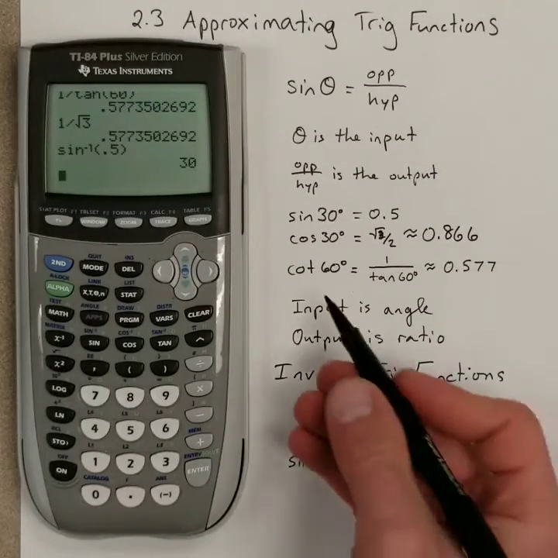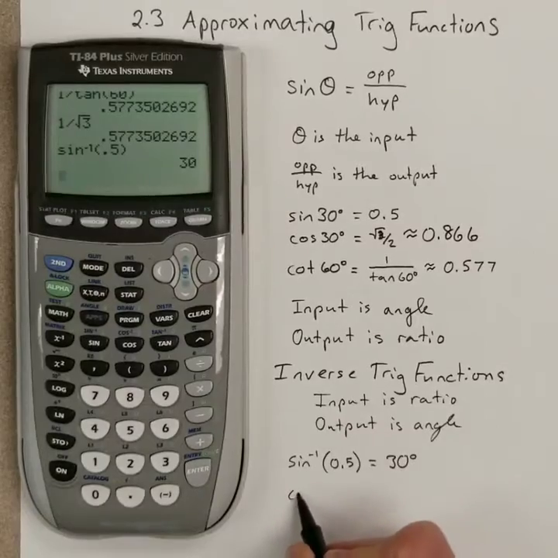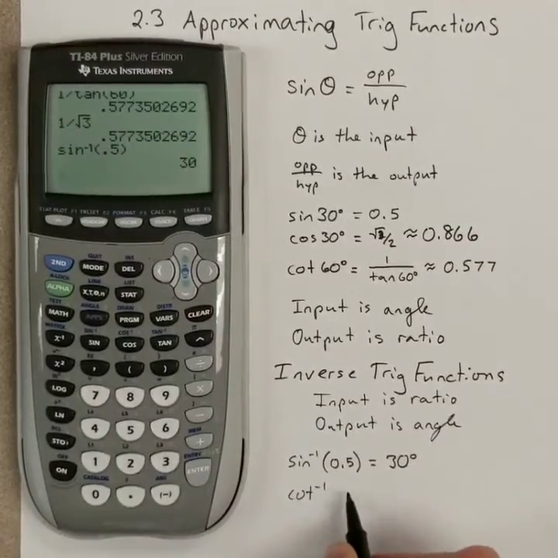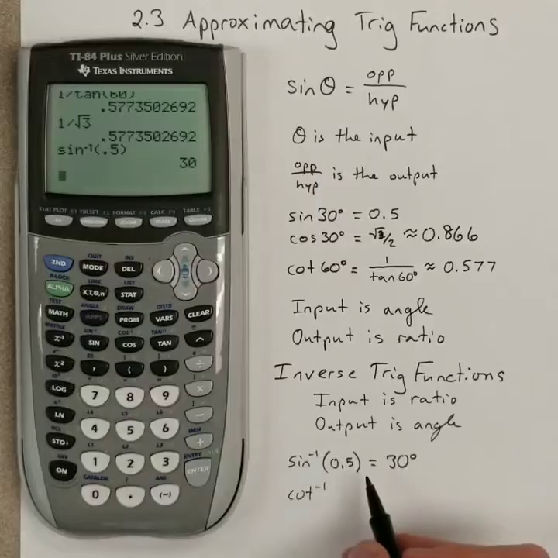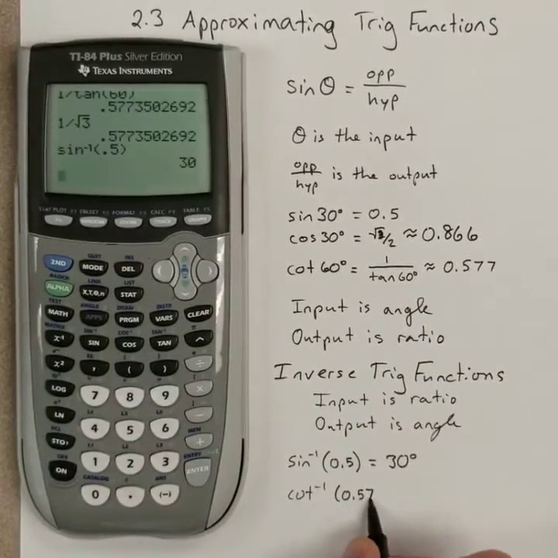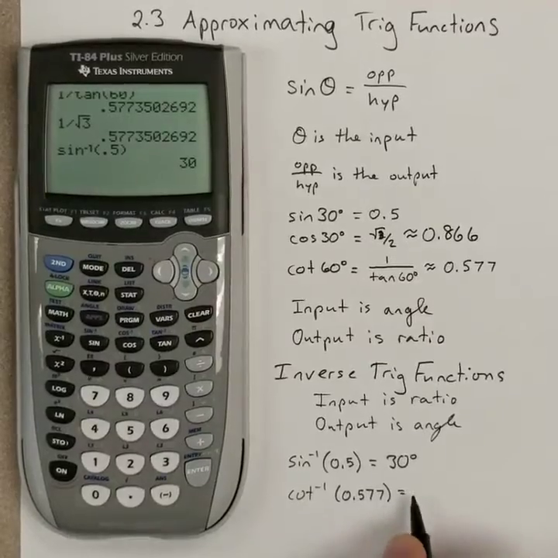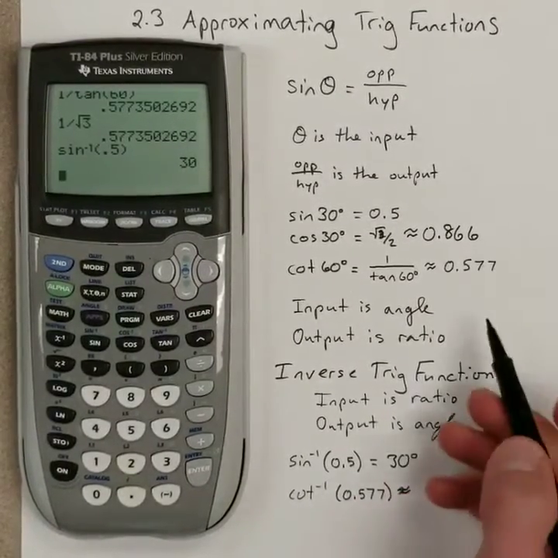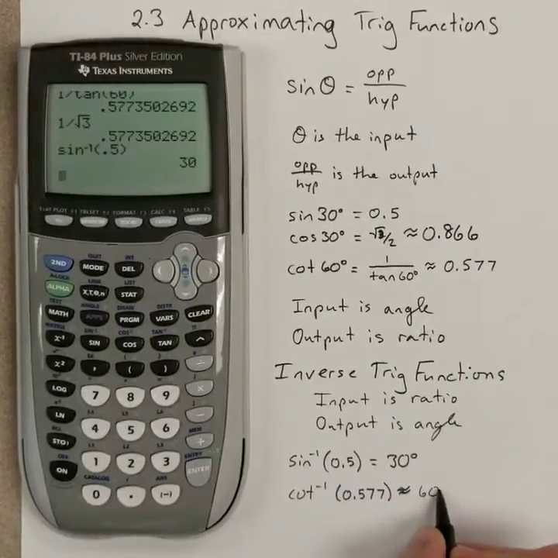In a similar way, if I did the cotangent, I could do an inverse cotangent of 0.577. And in theory, I should get, now this will be approximate because I've rounded this value off, approximately 60 degrees.